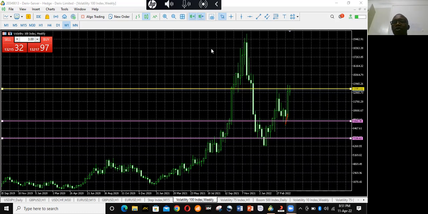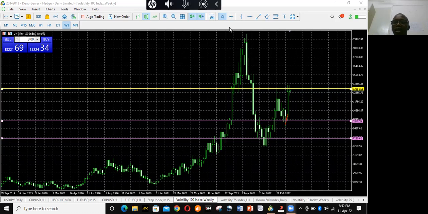If you can see the chart on my screen, the levels I've highlighted have been tested twice or more. If the level has been tested twice or more, that is our level.